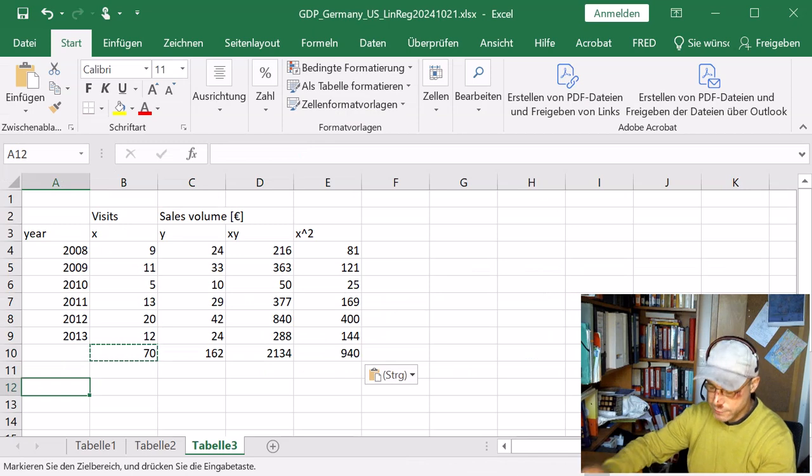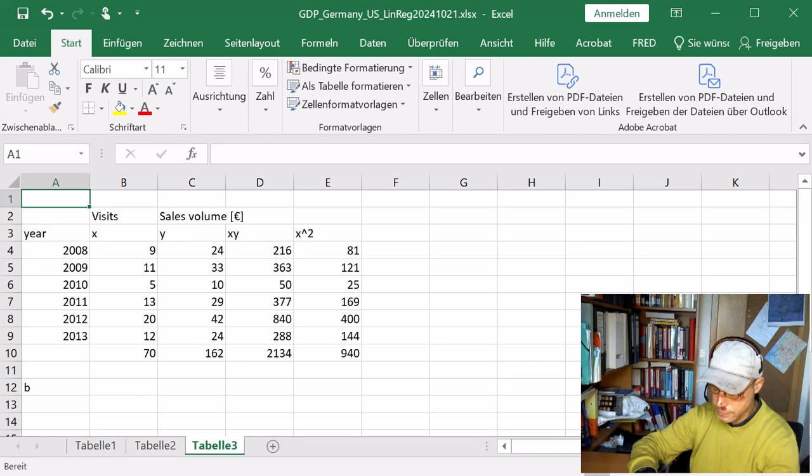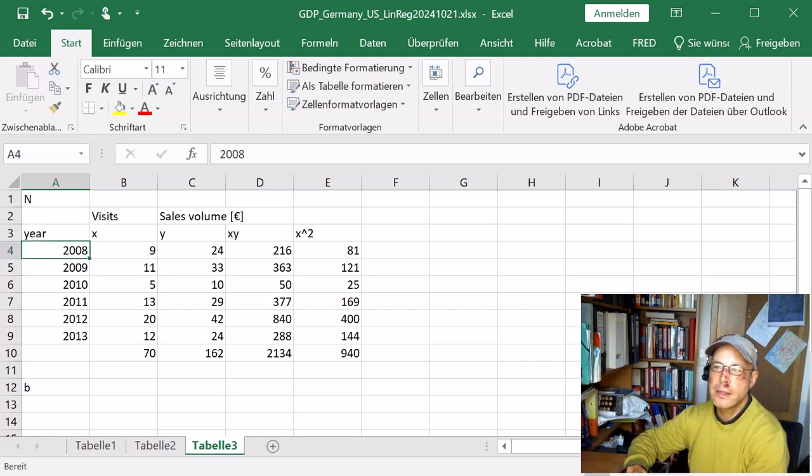So then we would have b equals n. N we need, n is the number of our data points. Let's write this down here. This is just 6, so we have 6 data points from 2008 to 2013. So this is our 6.